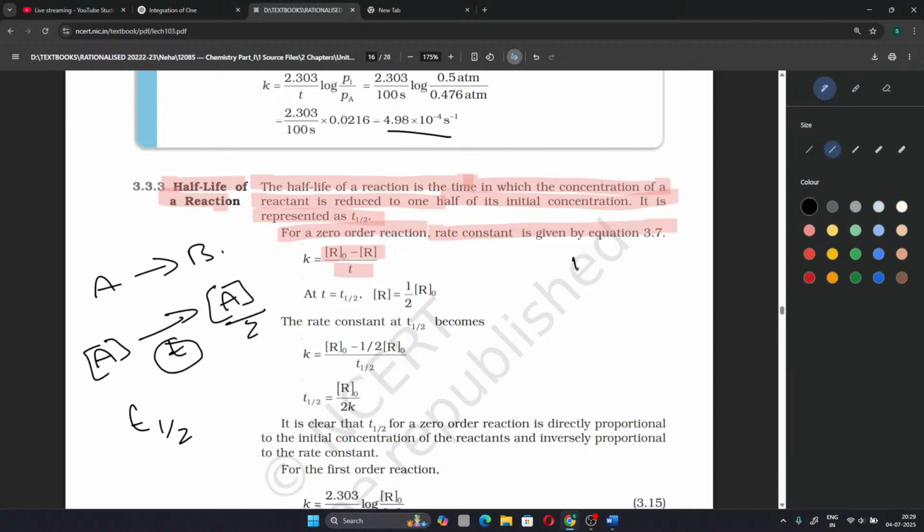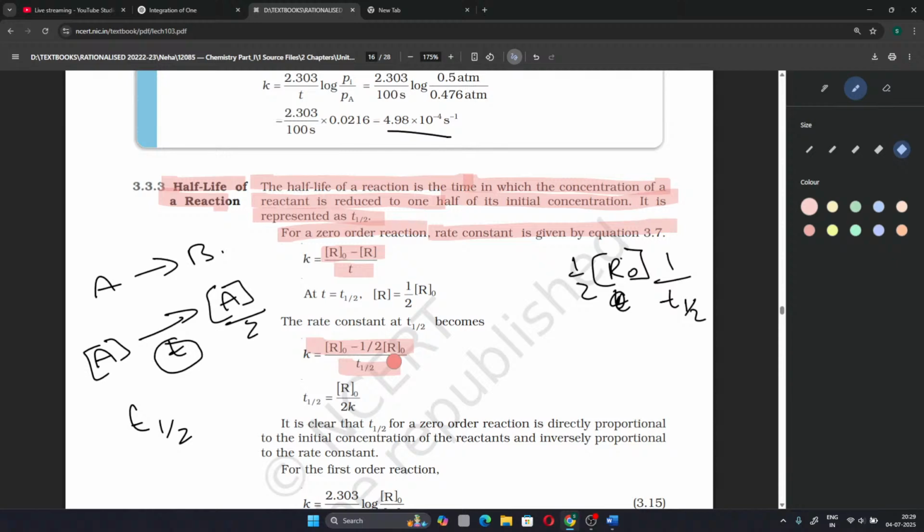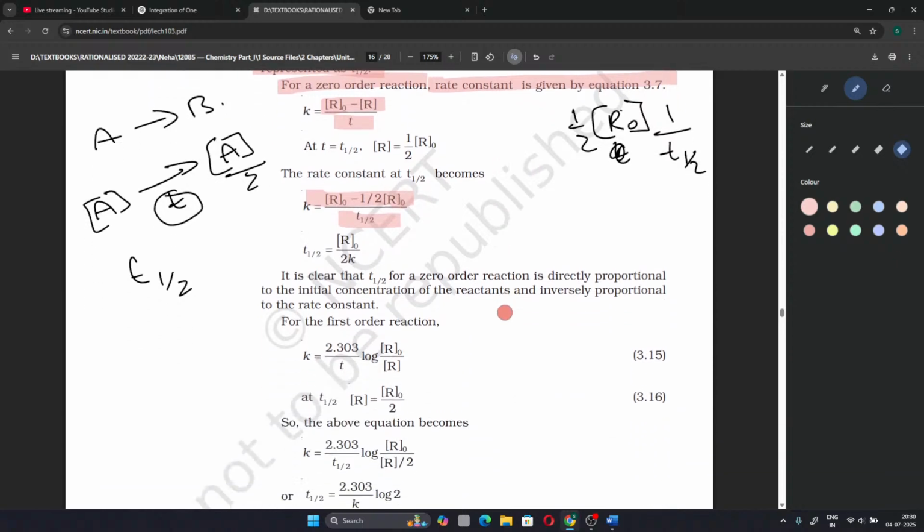So k equals 1 by 2 R naught by t half. Then t half equals R naught by 2k.